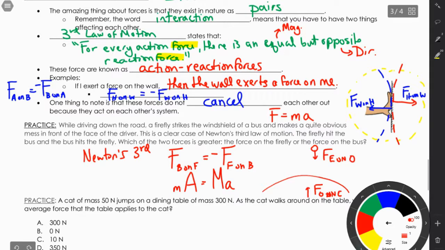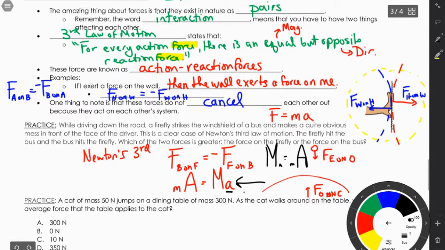And that goes back to this idea over here, so the little a for the Earth would be like big M times little a equals little m times giant A, right?